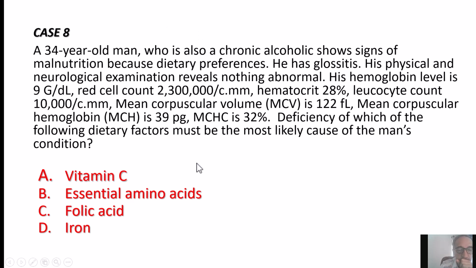B12 deficiency by dietary deficiency is very uncommon, maybe only in vegetarians at certain times, but very, very uncommon. You can select folic acid here. Vitamin C: there is no indication of vitamin C deficiency here. Essential amino acids: hemoglobin synthesis would be affected. This is characteristic of folic acid deficiency. Iron deficiency can be ruled out because of the blood indices. Folic acid.